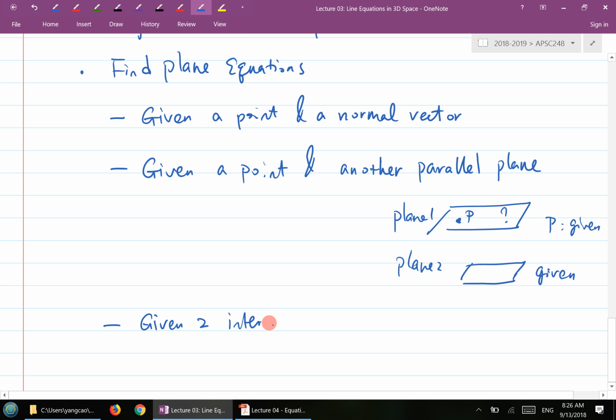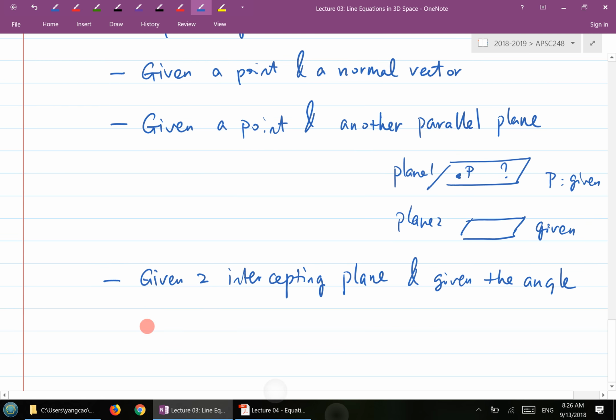So what you're given here is two intersecting planes, and given the angle, and you should also be given the equation for one plane.